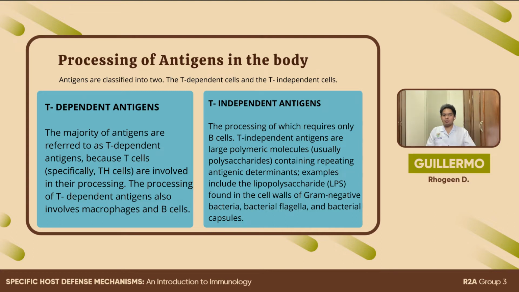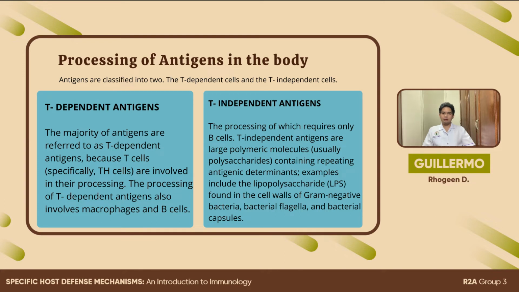T-dependent antigens. The majority of antigens are referred to as T-dependent antigens because T cells, specifically Th cells, are involved in their processing. The processing of T-dependent antigens also involves macrophages and B cells. T-independent antigens, the processing of which requires only B cells.